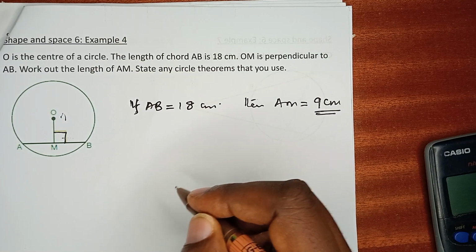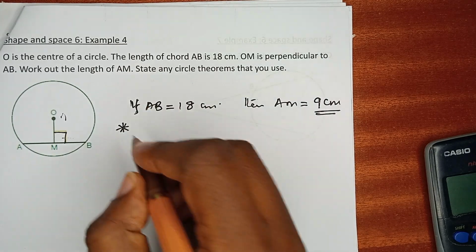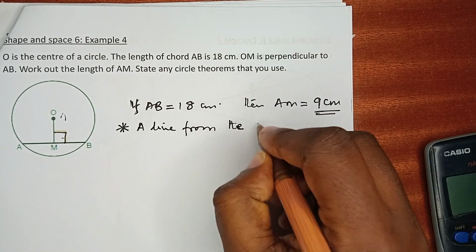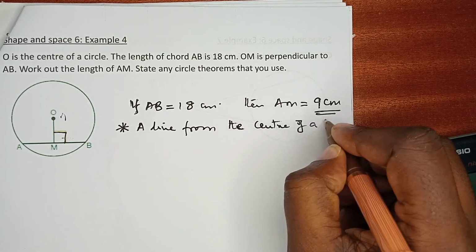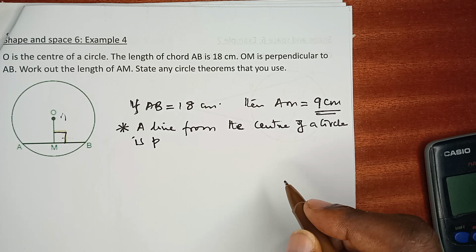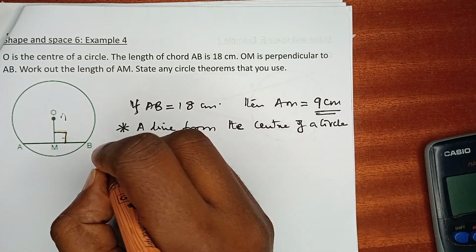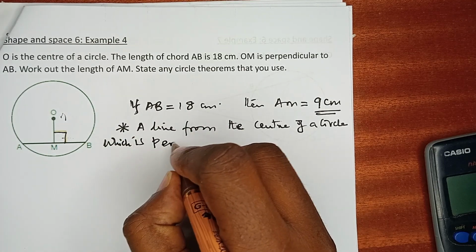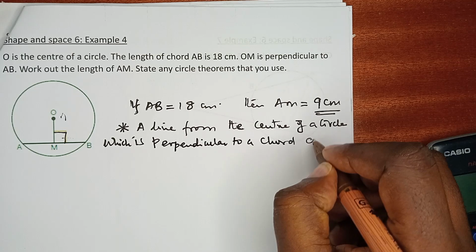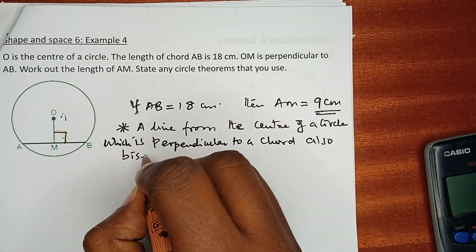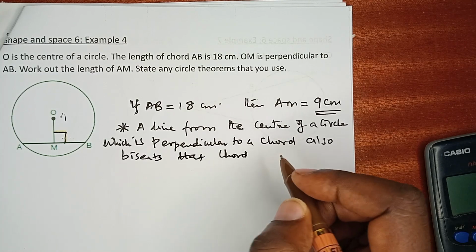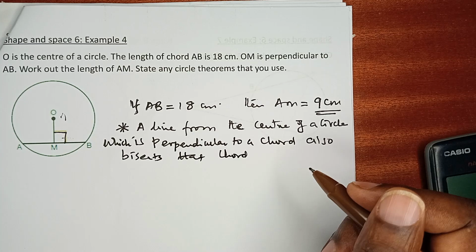Because any length, any line, and let us highlight something here: a line from the center of a circle which is perpendicular to a chord also bisects that chord, and we all know that bisecting means dividing into two equal parts.